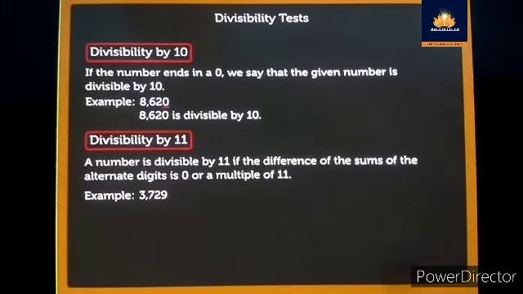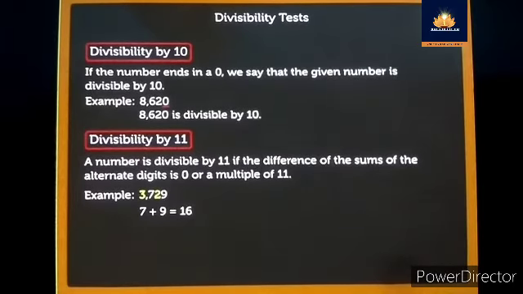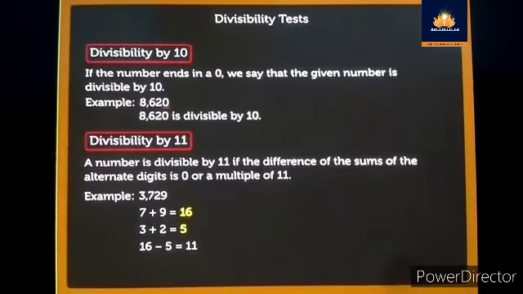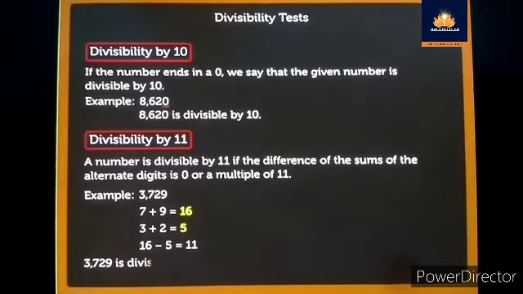Here by adding the alternate digits 7 and 9, we get the sum as 16, and 3 plus 2 is equal to 5. Now, the difference between the two sums, that is 16 minus 5, is equal to 11. Therefore, the number 3,729 is divisible by 11.